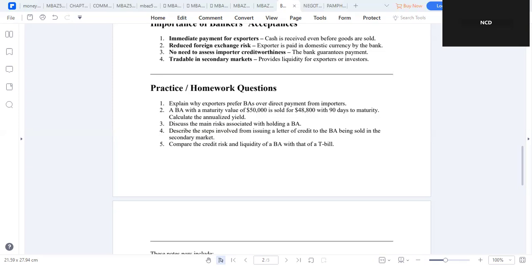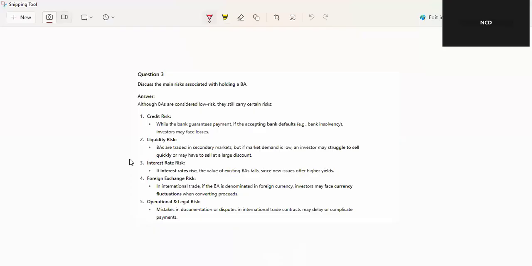All these risks are there. Those that have the pamphlet, go through, everything is there. Just to discuss them quickly. The credit risk: the bank will guarantee payment, but if the accepting bank defaults, for instance through banking insolvency, the holder may face losses.